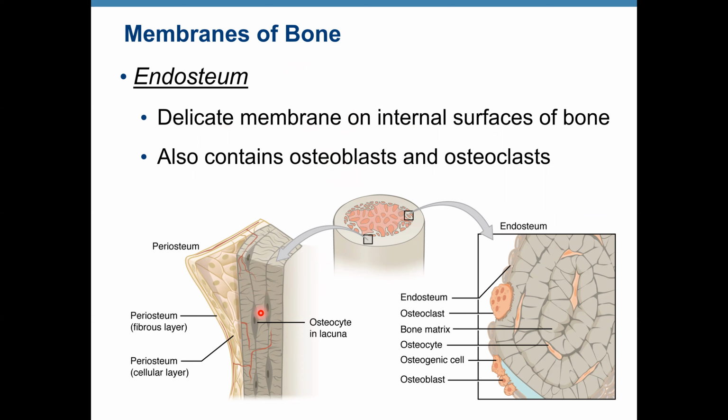We can see an osteocyte in the lacuna, and here the periosteum, the one that has a fibrous layer and an osteogenic or cellular layer. And if you look inside, the membrane that covers the cavity and spongy bone would be endosteum, right? So here's endosteum, and it also has osteoclasts, osteoblasts, and osteogenic or stem cells.